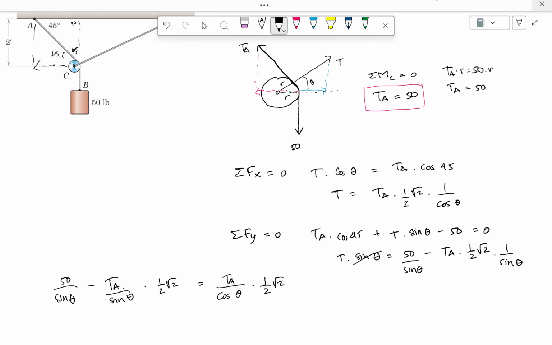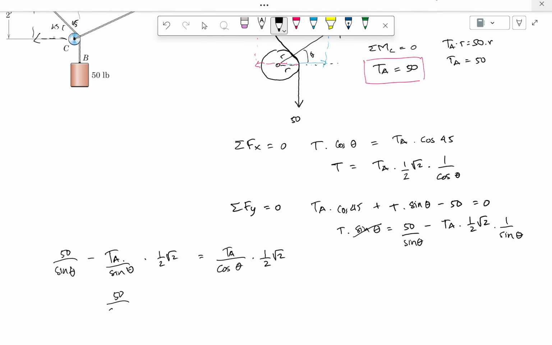Am I right? 50 cos theta minus 50 sin theta equals TA, which is 50 cos theta.